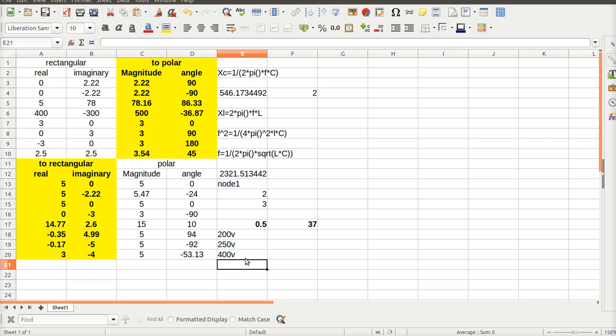But due to the angle and the fact that it's AC, if I took these numbers and the angles that come with them for the voltage, converted them all to rectangular, and added them up, I'd get my 250 angle 0.